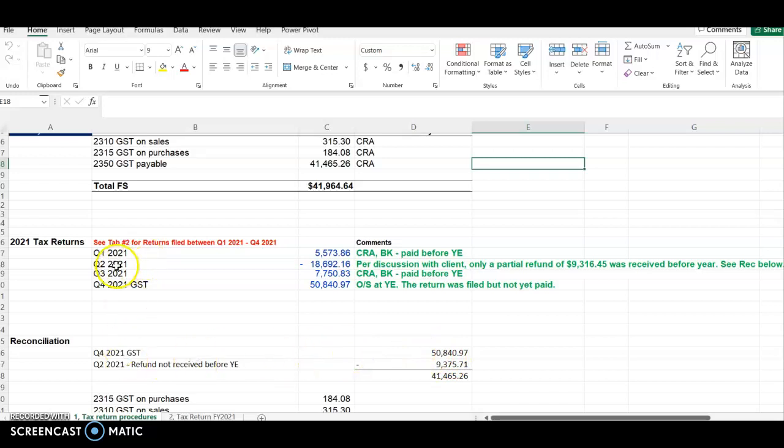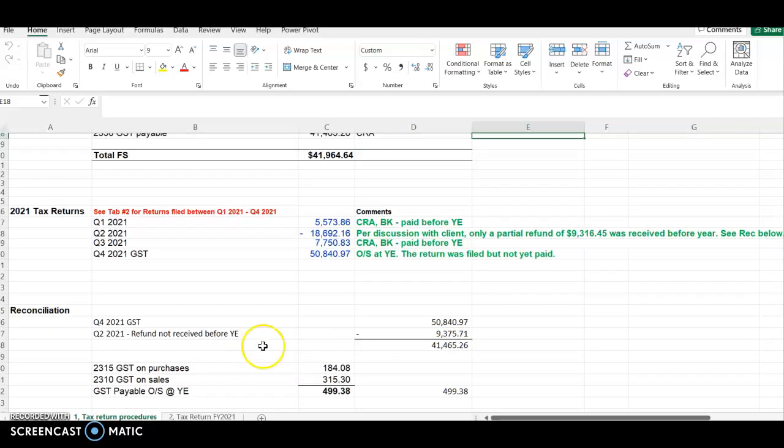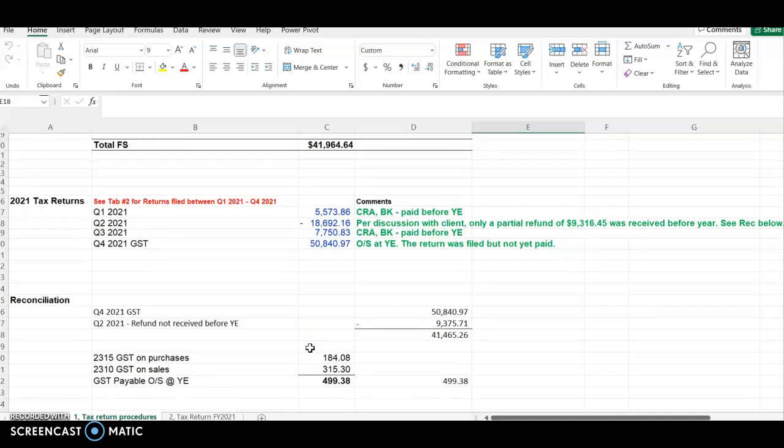But in quarter 2, remember, the government only paid a partial amount to the client. The government was still owing the client this amount. So we are going to deduct this amount from the amount the client is owing the government. So this is what we have, 41,465, okay. So this is my audit work. I'm just performing my reconciliation right here.